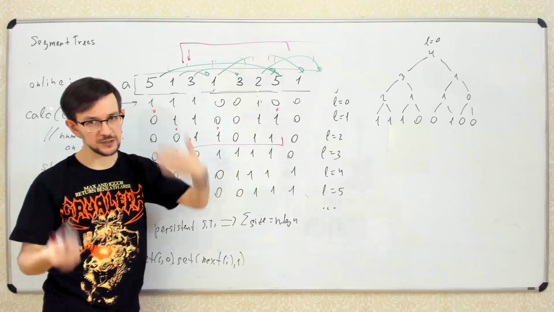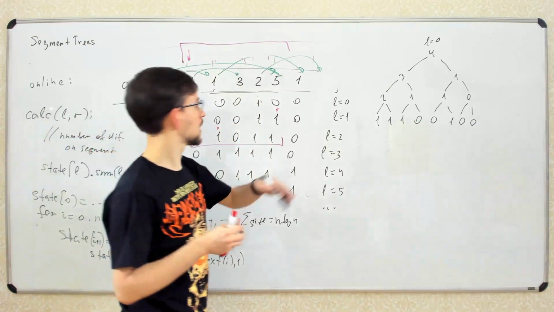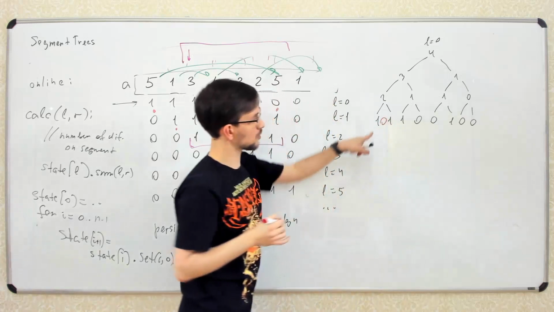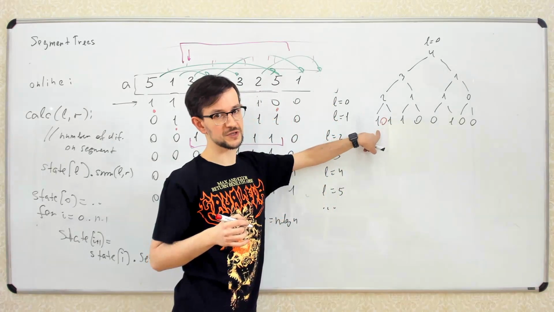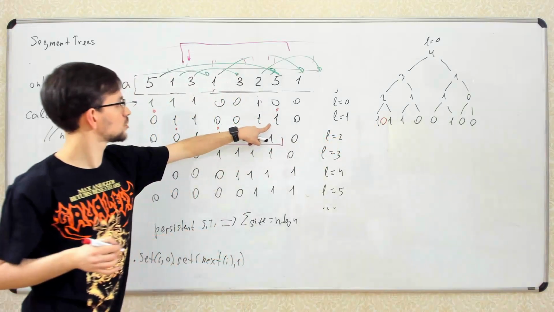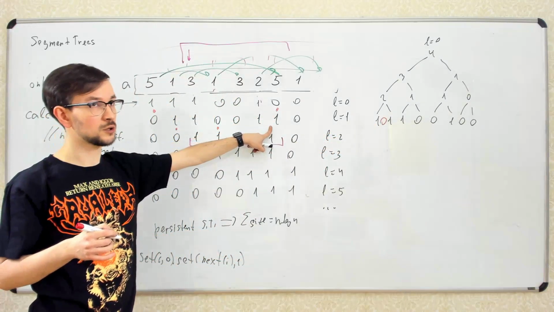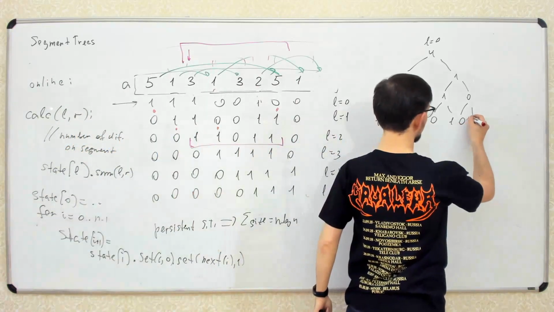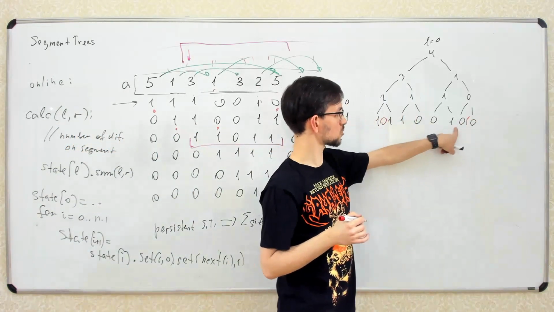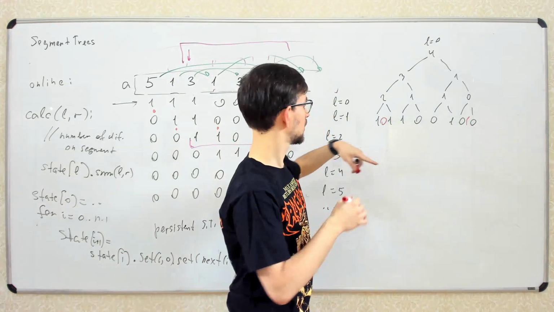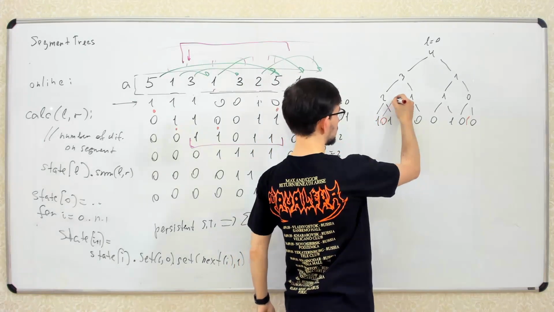So I just do it in a persistent way. I change this element to 0, but I also maintain two versions of this node, this previous version and the new version. And I change this node to 1. For this node, I also have two versions. The first version is 0, the second version is 1. And now I just create all the top nodes.